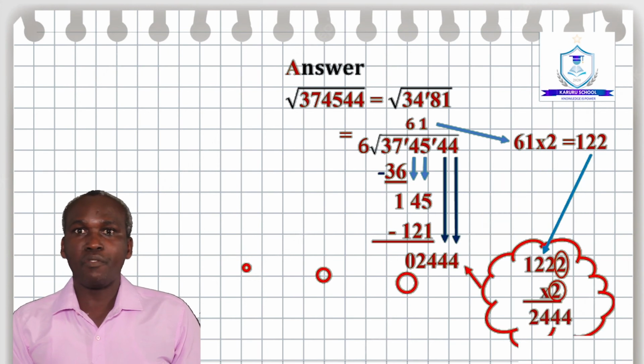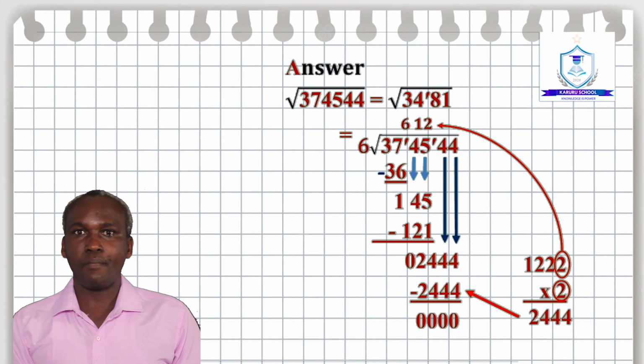So from the look of things, the new number that we need to place is 2, such that if you multiply 1222 by 2, we get 2444. Next, we find the difference between the remainder by subtracting 2444 from 2444, which gives us 0 as the remainder.